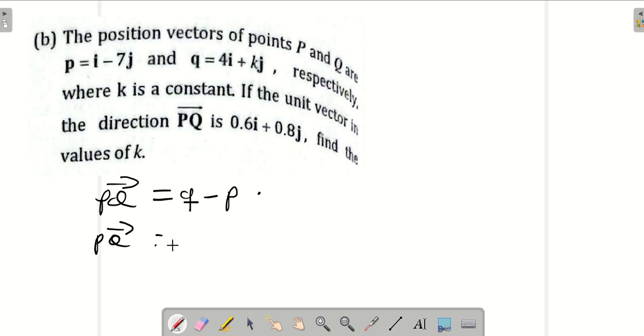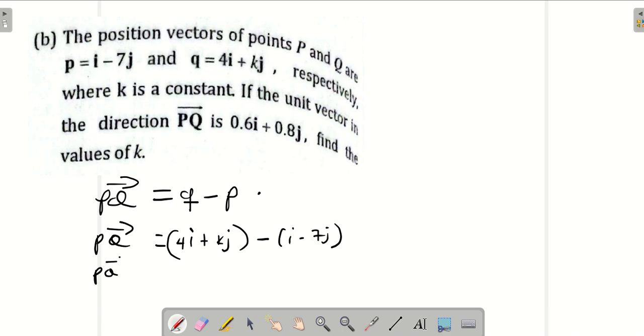So we have PQ equal to Q minus P. Q is 4I plus kj, then minus P. P is I minus 7j.